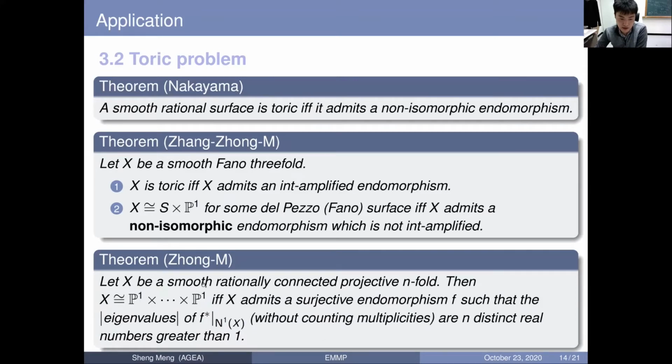So if X is a smooth rationally connected variety, it totally splits as the nth product of P^1, if it admits such an endomorphism with n different real eigenvalues greater than 1. This condition implies automatically that the endomorphism is int-amplified, such that we can run the EMMP for X.